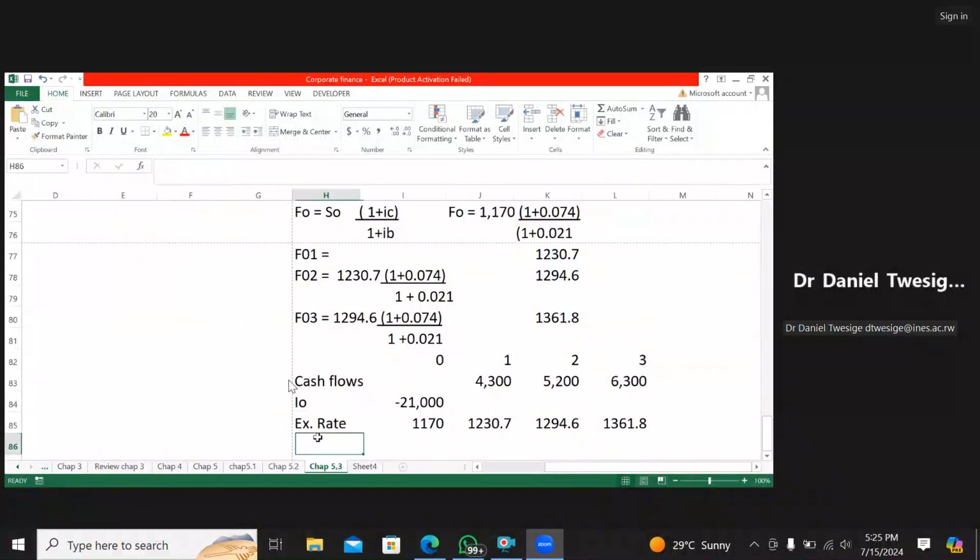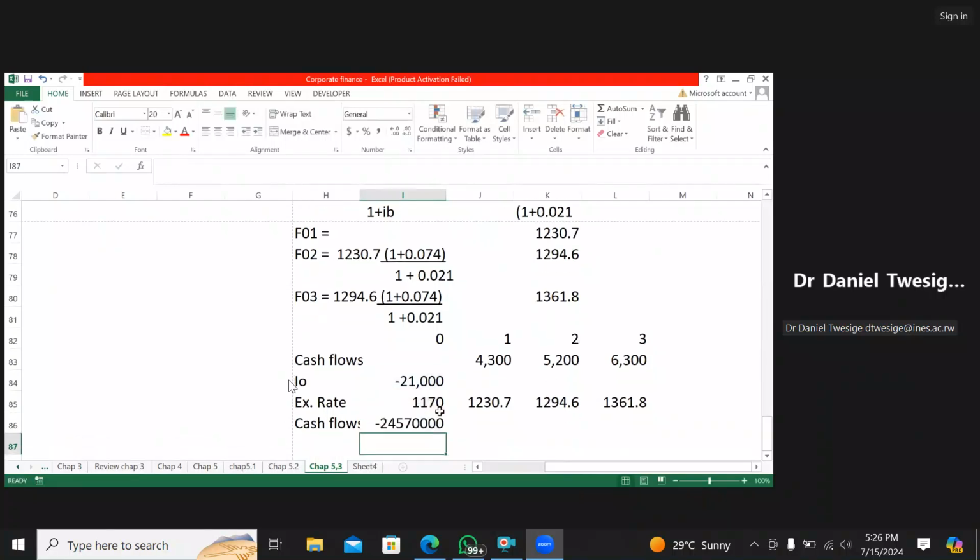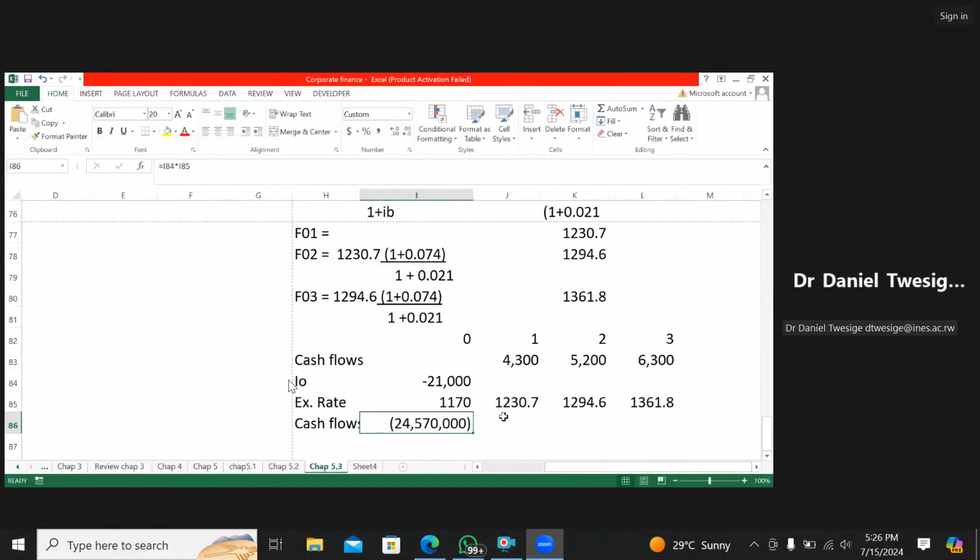So what will be our cash flows in francs? We are having this times this. It will be this times this.